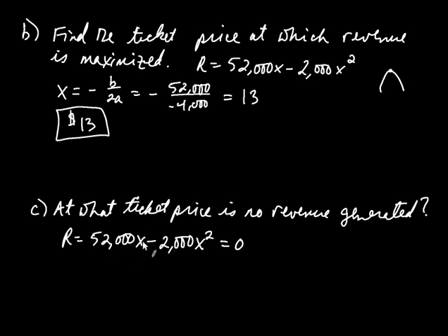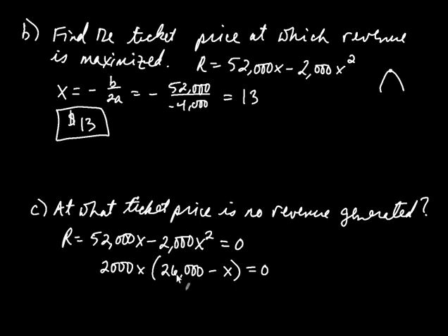So let's just factor it here, and we factor out 2,000 and an x. So you factor out 2,000x, and what are you left with? Well, 26,000 take away x, and that's equal to 0. Actually, take that back.